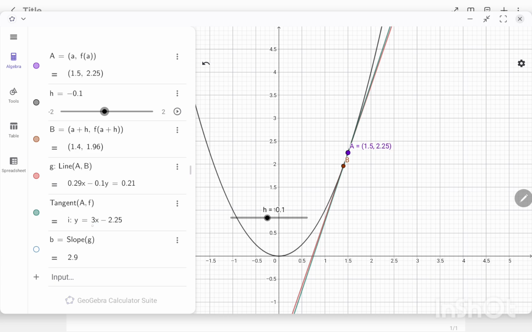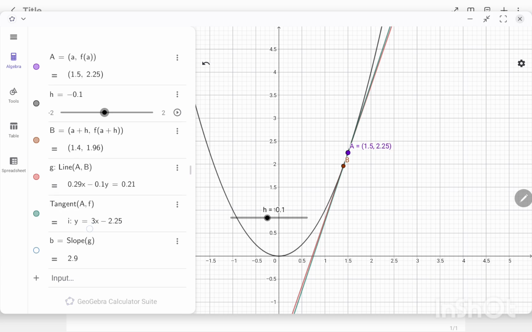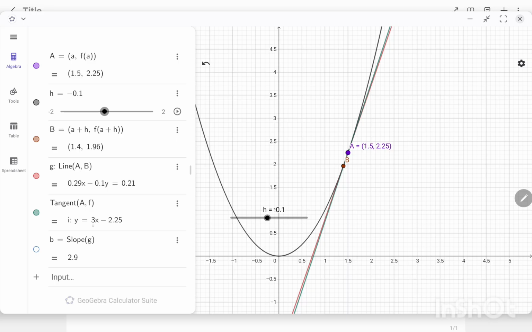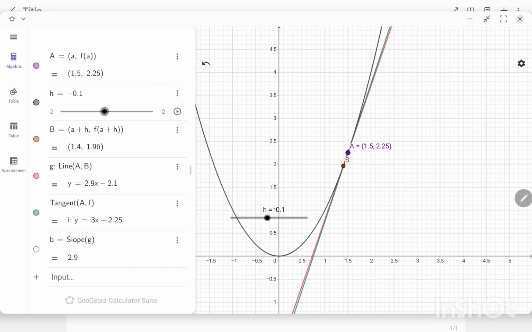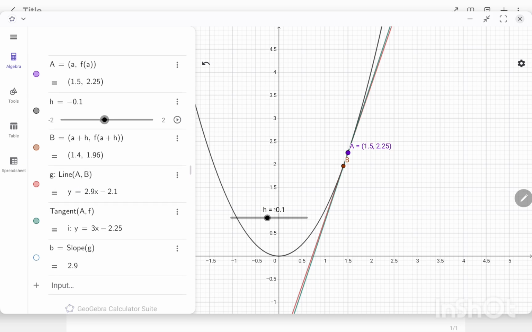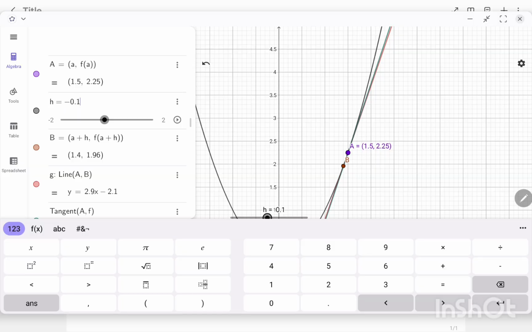How is it 3? y is equal to mx plus c. Here the m value is 3, therefore the slope of the tangent is 3. And if I change the equation of the line segment to y is equal to mx plus c form, you can notice the slope of the line segment is 2.9 when h is equal to minus 0.1.